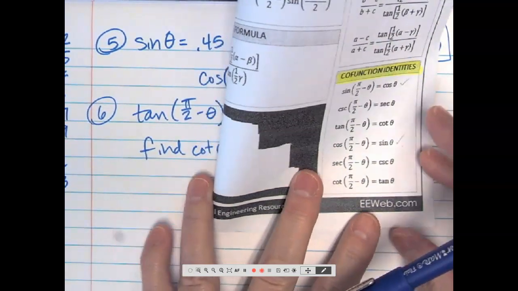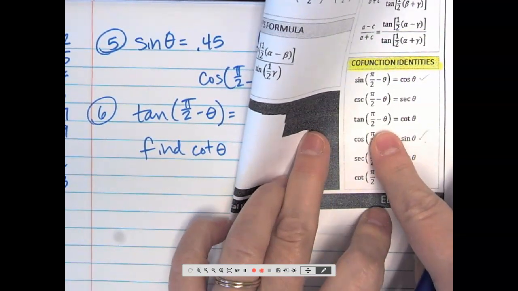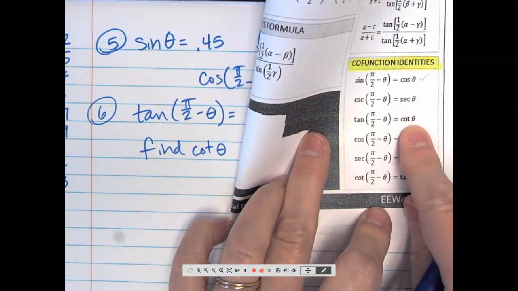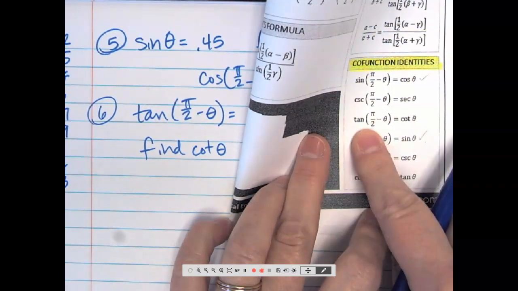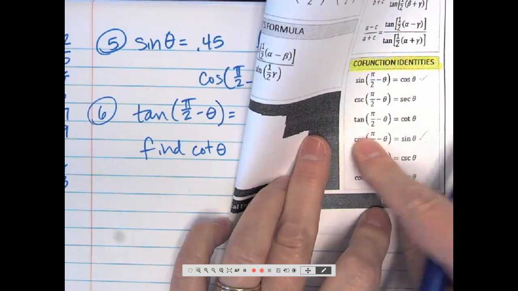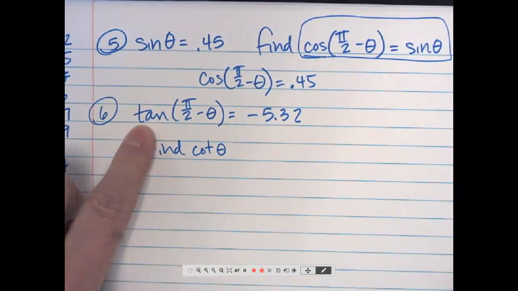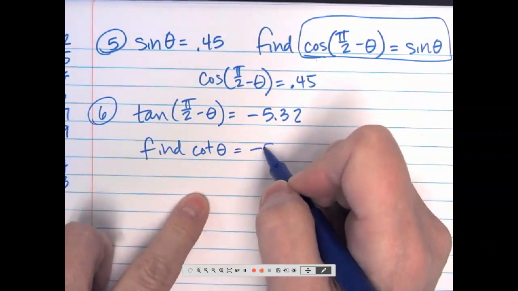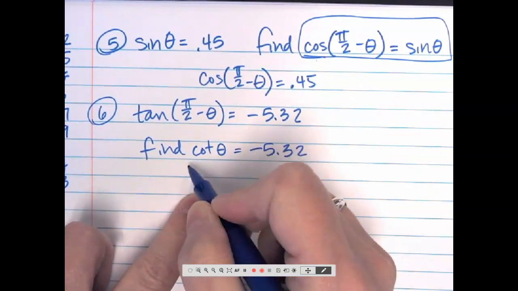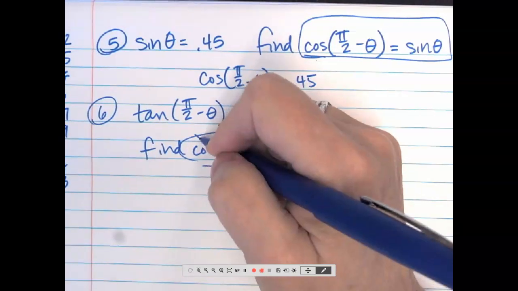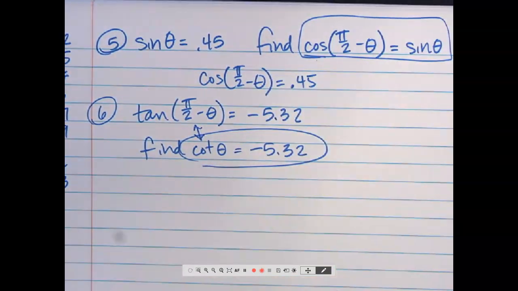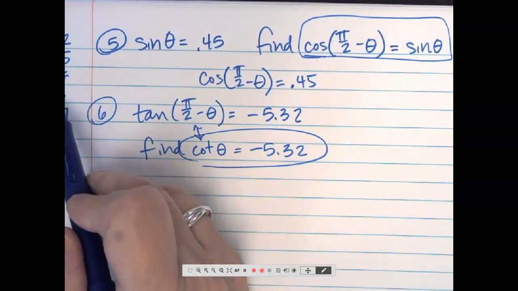And over here I see that tangent of pi over 2 minus theta is equal to cotangent. So if I want cotangent, it's going to be the same thing as the tangent pi over 2 minus theta that I've been given. So it's also negative 5.32. These two things are the same. And question on 6.